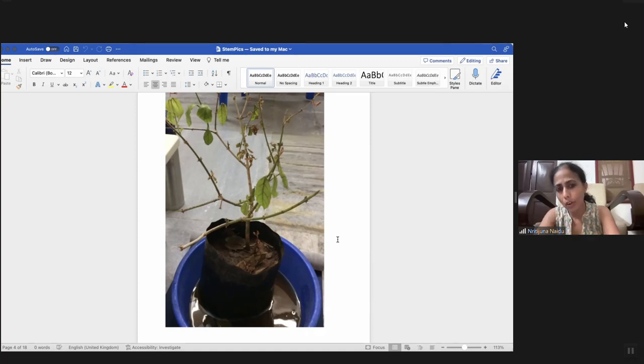You see the stems are all growing, trying to carry the leaves upwards towards light. And you will also notice that the leaves are arranging themselves on the stem in a manner where all of them get enough sunlight.